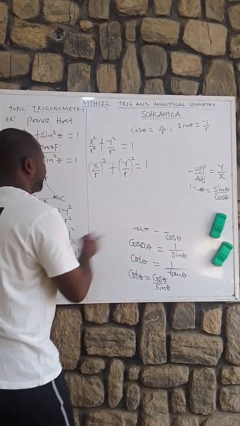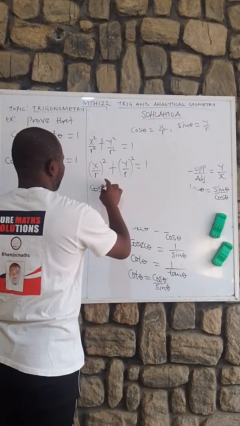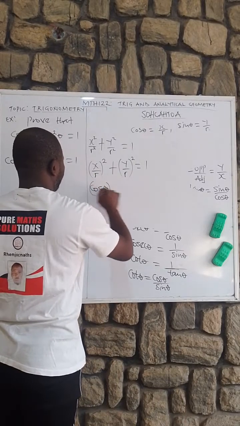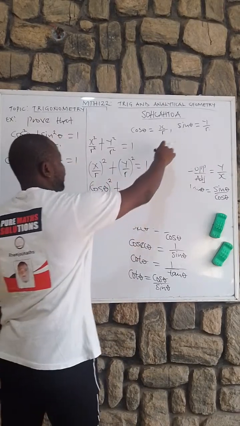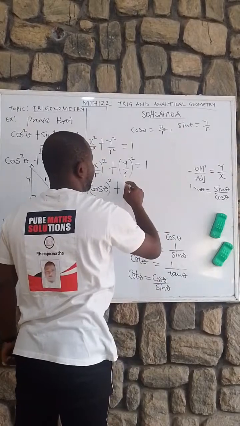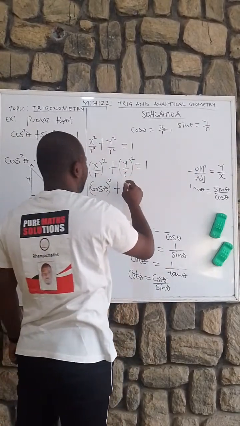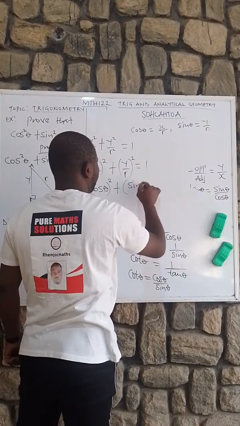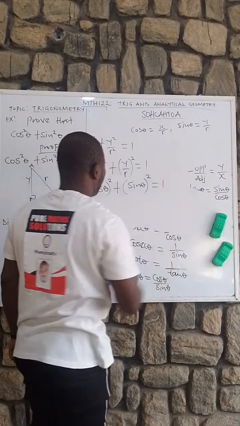Cos theta. Cos theta, all in square, plus sin theta, that is y all over r. Look at that, y all over r is sin theta. So sin theta, all in square, equals 1.